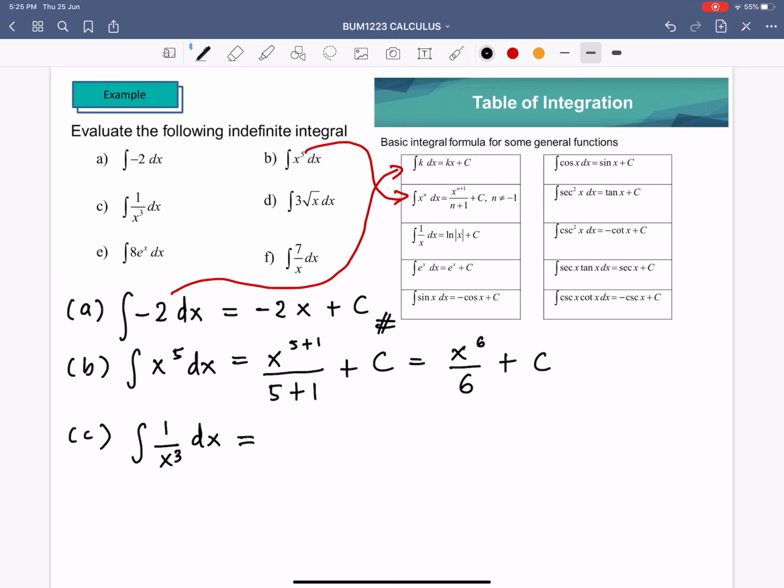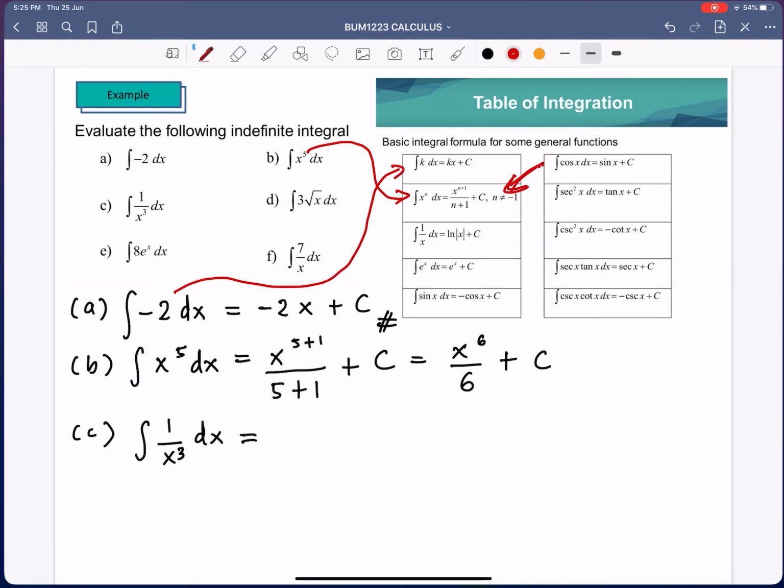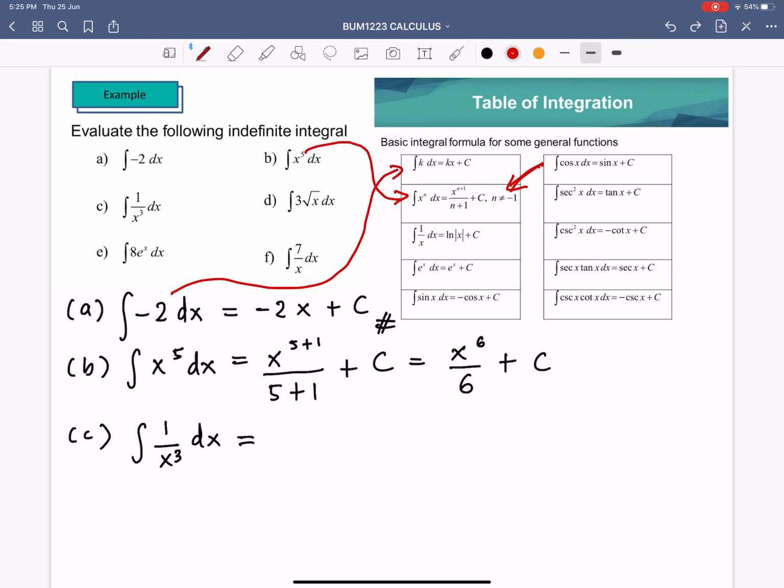The only choice that we have is this power rule, where we'll first rewrite integration 1 over x cubed so that it will be in this form. So we will rewrite it as integration x power of negative 3 dx. Now we can use that formula.